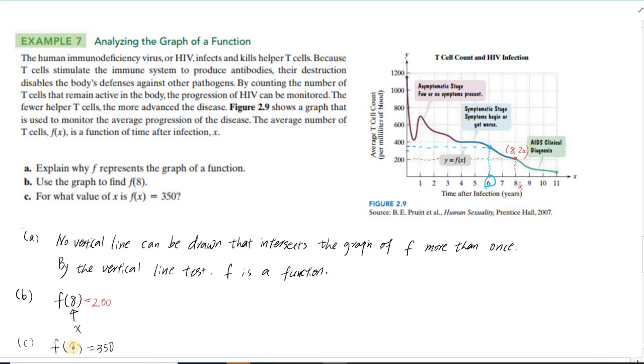Which means the question mark, I can replace with my number 6. Okay. So if I want to write this as an ordered pair, I can write (6, 350). This is just your x, and this is just your f of x, which is your y value. Okay, this is an ordered pair. That is how we read our graphs.